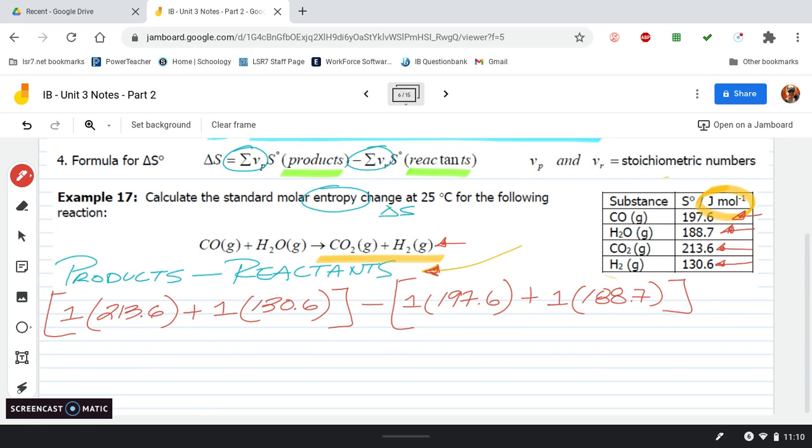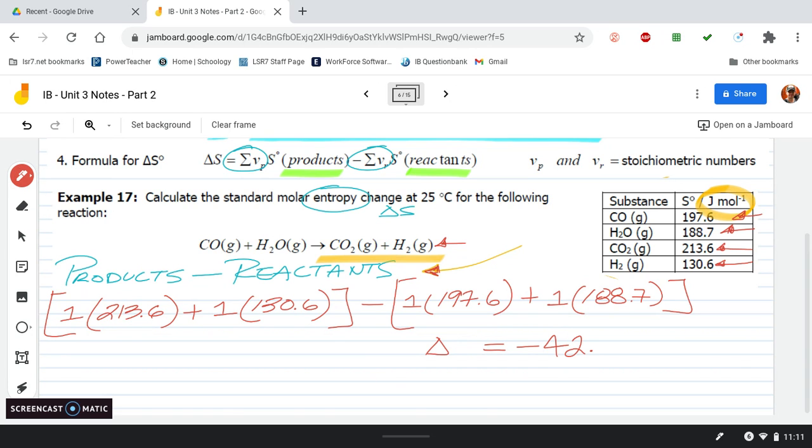Obviously, this one is not as complicated because you don't have any coefficients here, but the final answer is going to be negative 42. Oh, sorry, not delta H, delta S.